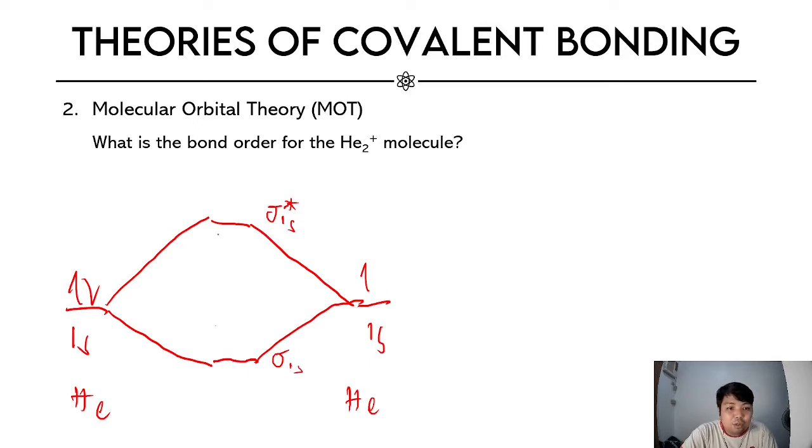Then you distribute the valence electrons participating in the bond in their respective molecular orbitals, following the same rules in distributing electrons in atomic orbitals: your Aufbau principle, your Pauli's exclusion principle, and your Hund's rule of maximum multiplicity. We'll start from the lower energy sigma 1s, then the higher energy sigma star 1s.